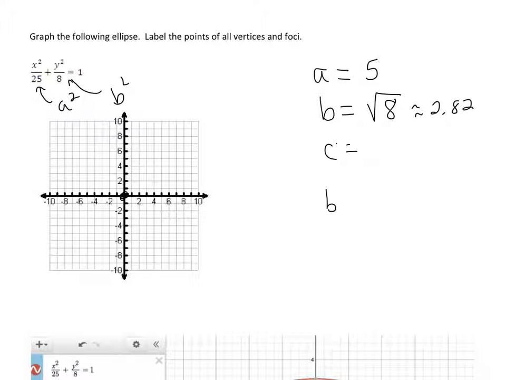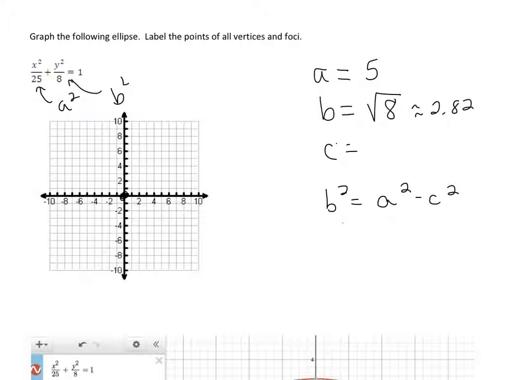But if I want to find it, we know B squared equals A squared minus C squared. So B squared being 25, and A squared is the square root of 8 squared, which is 8, minus C squared. I did this backwards.